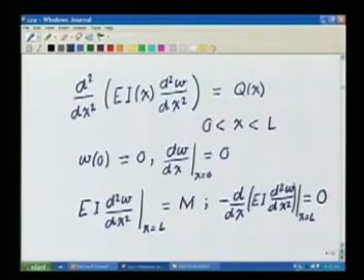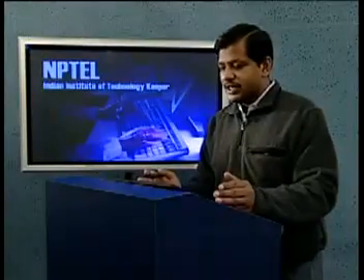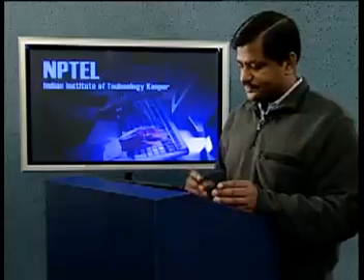So under the action of the given distributed load with the given constraint at the point x equal to 0 and the end bending moment and the 0 shear force, this beam deflects. This is another simplified problem that we will be interested in.